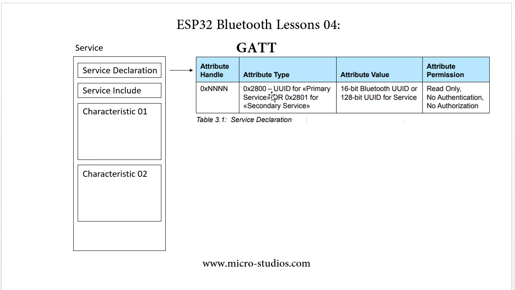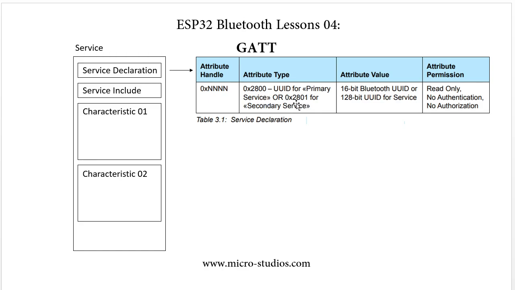The second part is very important. The client will search this part. It will find the UUID at this part. If the UUID is 2800, it means the service is a primary service.